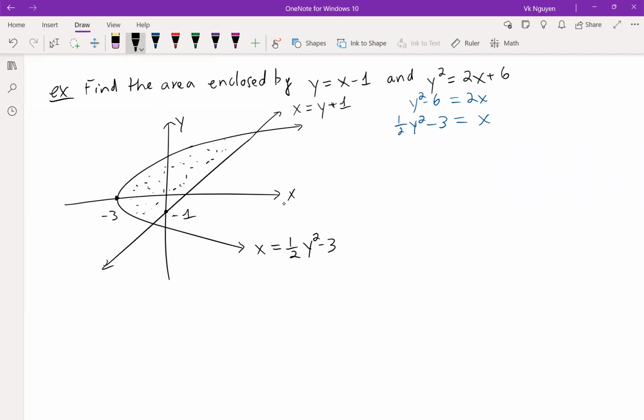Well, the sample stripe looks like a horizontal sample stripe. This sample stripe has area of course length times width.